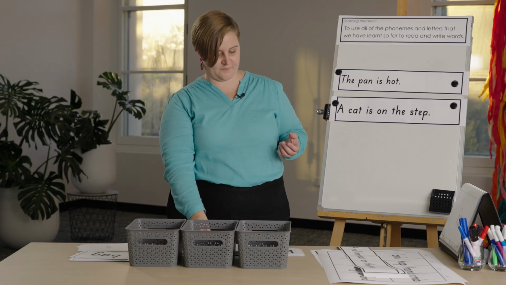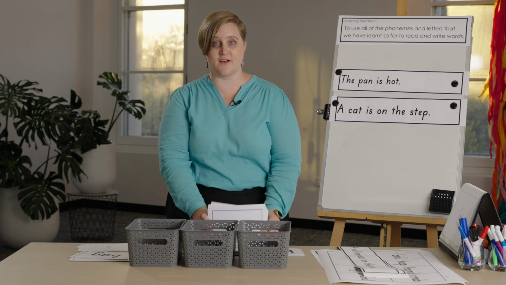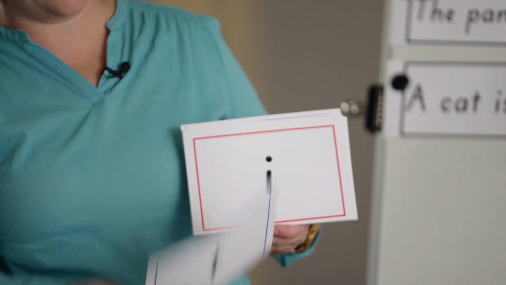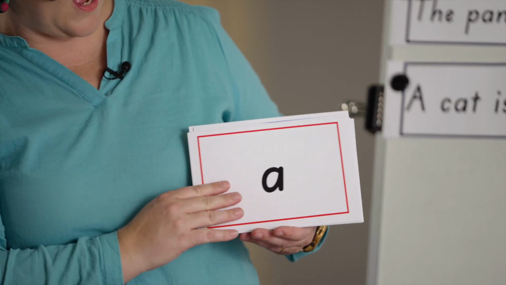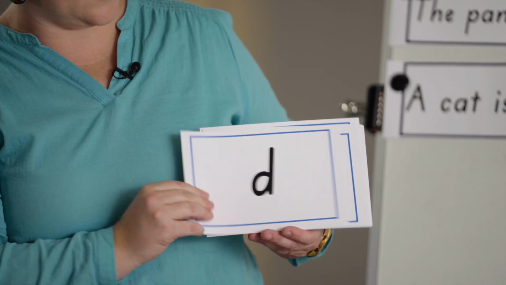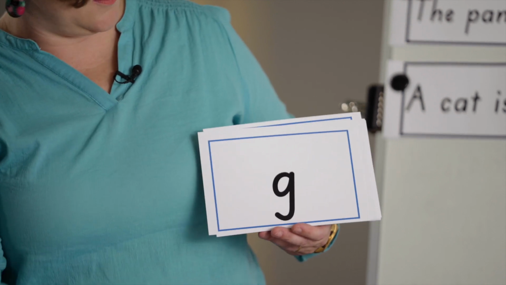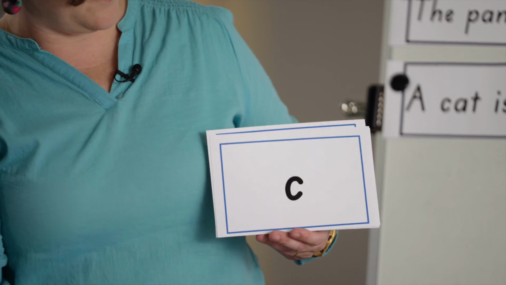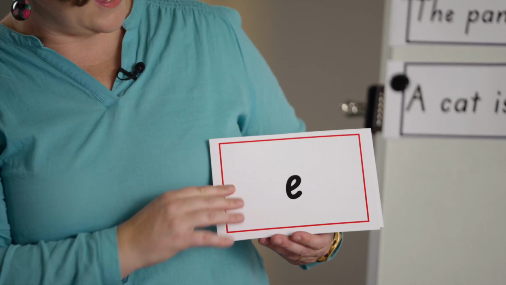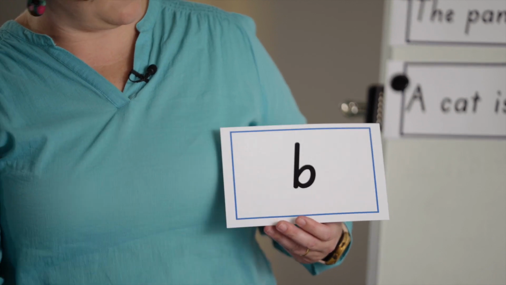Can we do it one more time a little bit faster? Let's see how fast we can go. S, t, i, a, p, d, n, g, o, k, r, f, e, b.